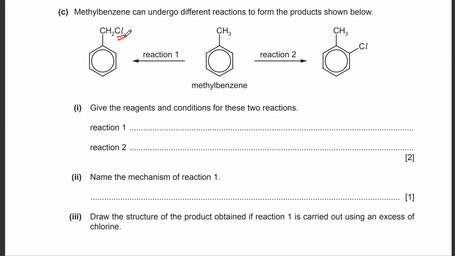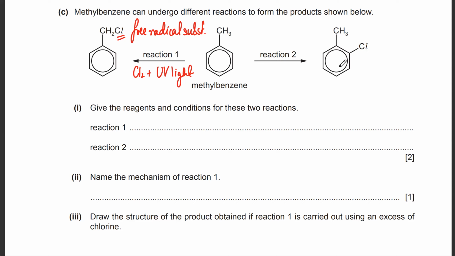That is free radical substitution, and the conditions for that would be sunlight and chlorine. So Cl2 would be the reagent, and the condition would be UV light. Make sure you know the difference between reagent and conditions, because sometimes they'll just ask for the conditions. So Cl2 is the reagent, UV light is the condition.